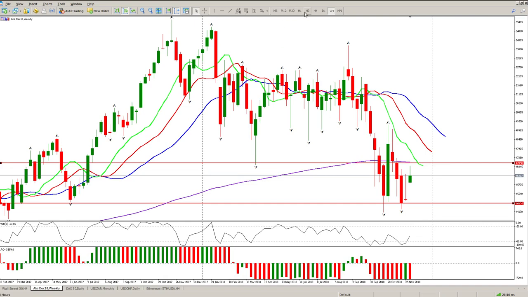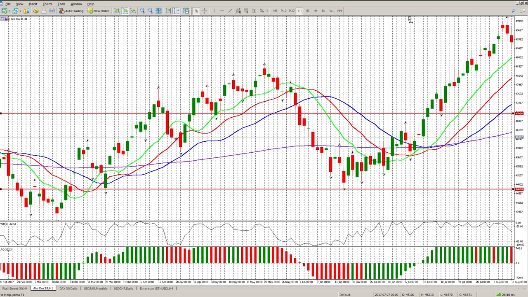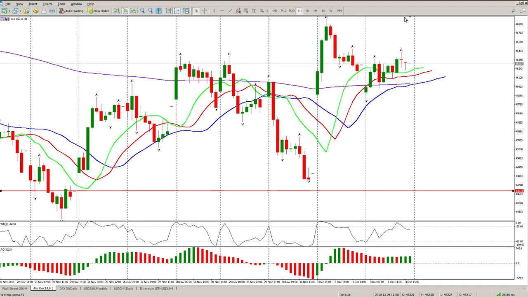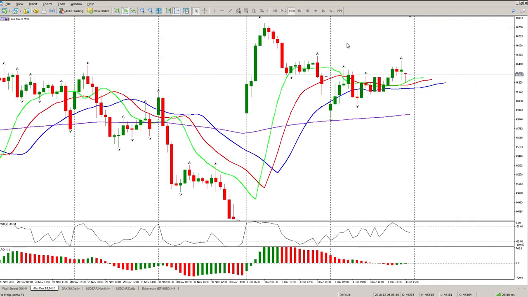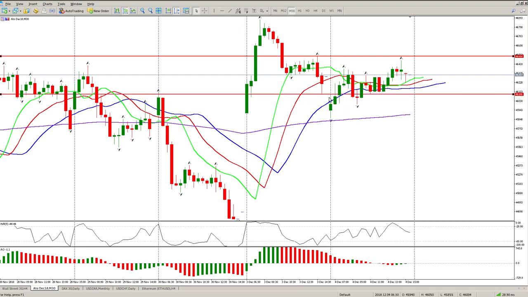Okay, so it probably doesn't help you, and what I do want to do though is just have a quick look at our opening and closing breakout strategies. So this would have triggered a short, nothing materialized.